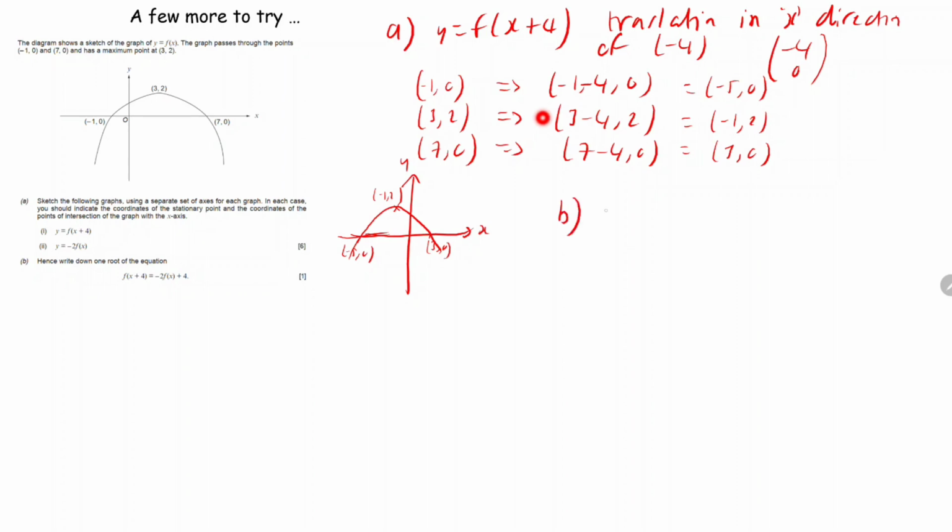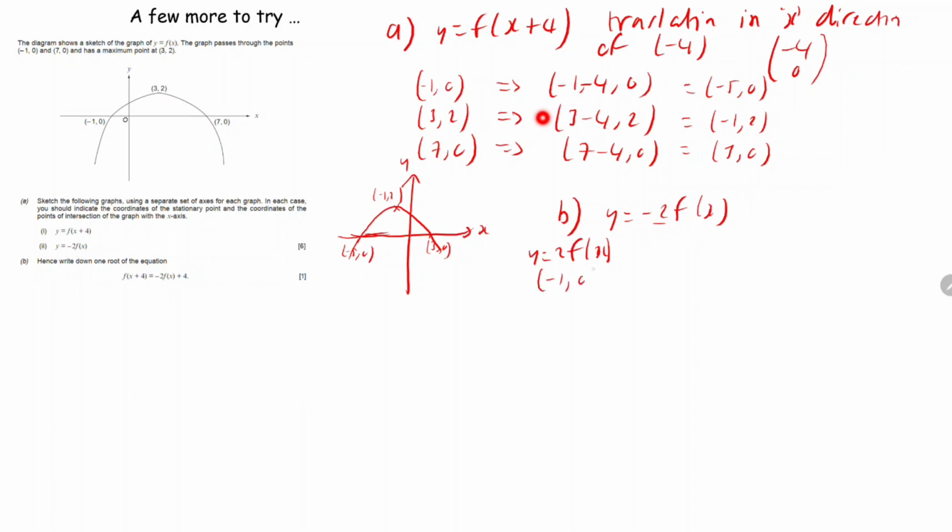Okay, so part B, we have y equals minus 2 f of x. So the first is to deal with the 2 f of x. That's going to stretch the y coordinates.